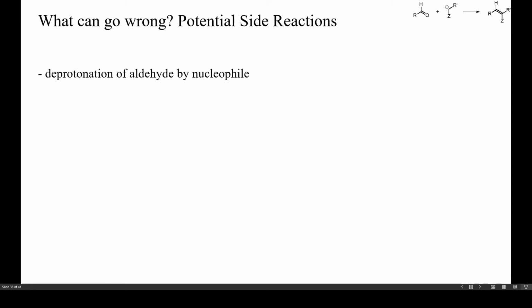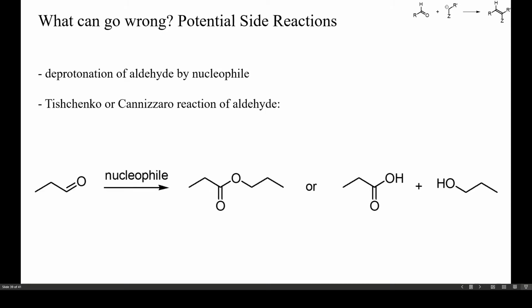If enolates are formed stoichiometrically with strong bases, highly enolized aldehydes may just protonate the nucleophile instead of forming a new carbon-carbon bond. Then, in the presence of strong bases or acids, aldehydes may disproportionate into esters or mixtures of acids and alcohols, in the so-called Tishchenko and Cannizzaro reactions.